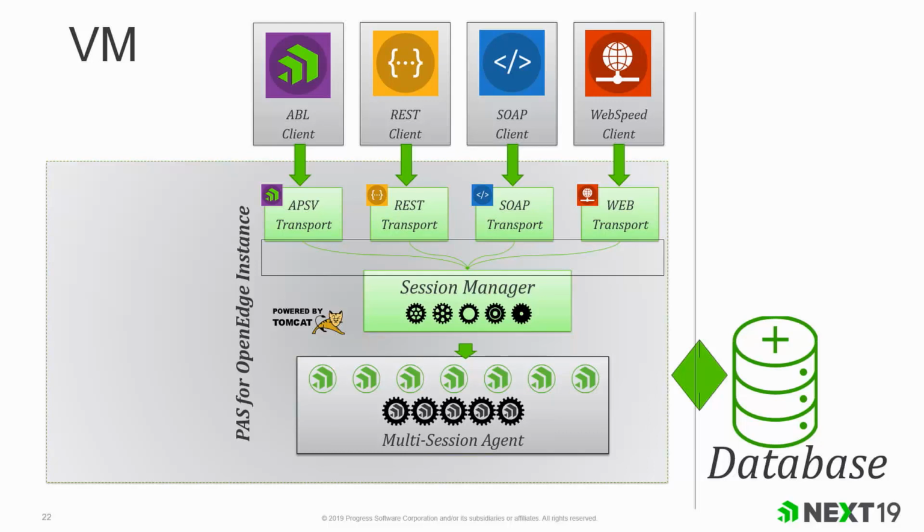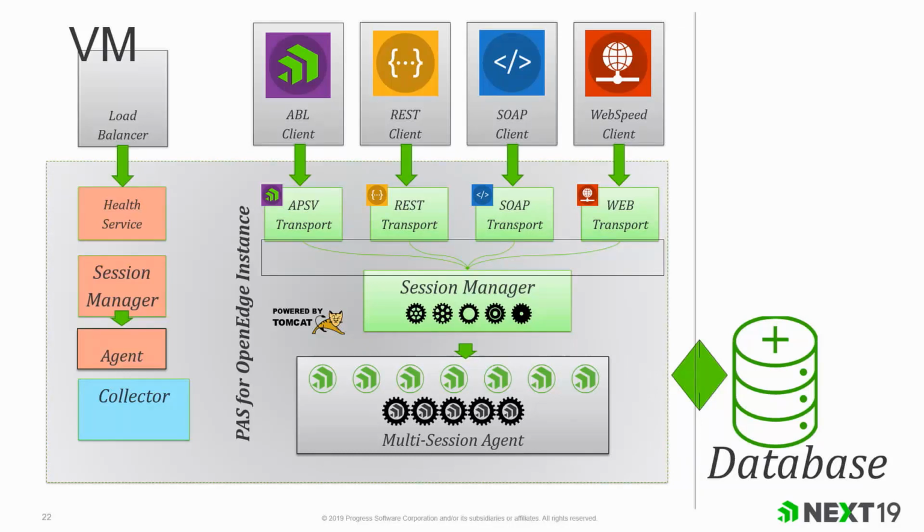Looking at the VM, this is what the paths for OpenEdge, a basic PAS server, look like. We've got our transports here, the session manager, our multi-session agents down there. When we add in the health scanner, we have a collector piece that gets run in the background on its own thread, and you can set the timing of how often it'll collect.